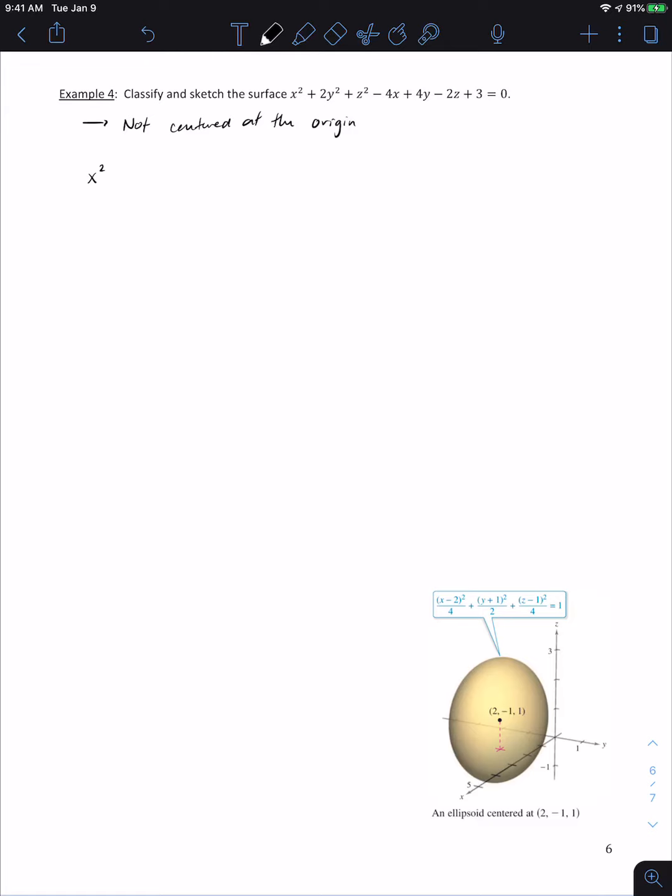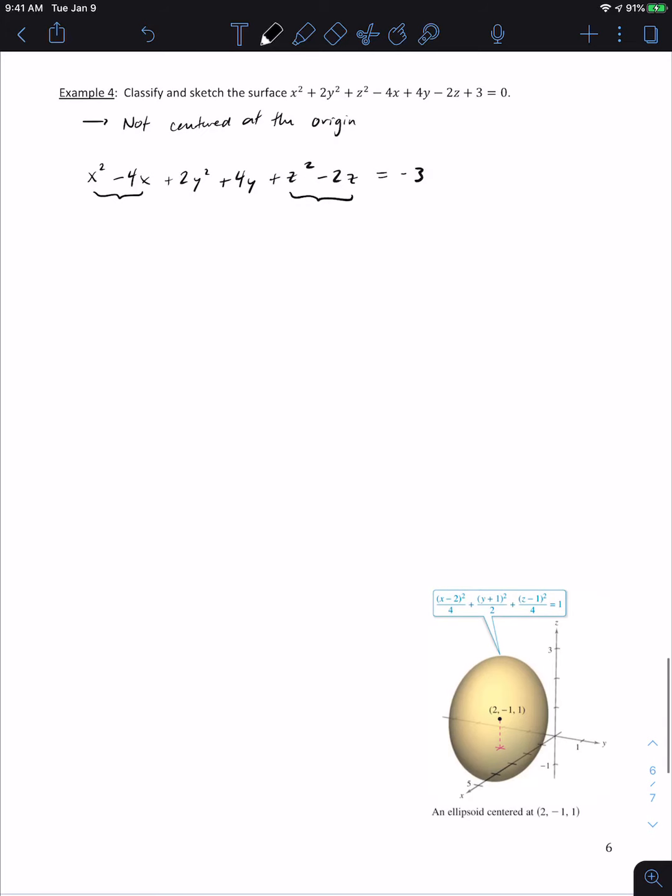So I'm going to collect x squared and minus 4x together, and then I'm going to collect 2y squared and 4y, and then z squared and minus 2z. And then I'm going to pull the 3 to the other side. So now I'm going to complete the square 3 different times, right? But before I can complete the square on the y's, I'm going to have to factor out a 2.